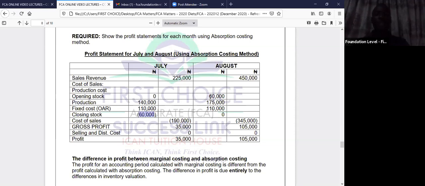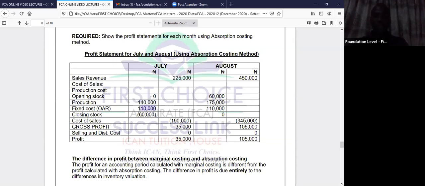It takes it here as opening stock, and you add them to your production. So this production here has variable production costs at 70 naira. This is your fixed overhead production cost at 50 naira.